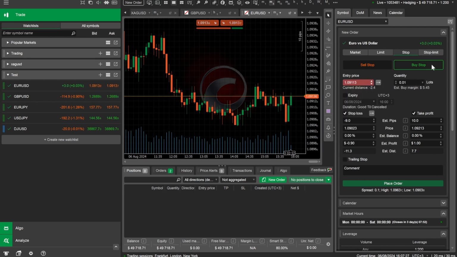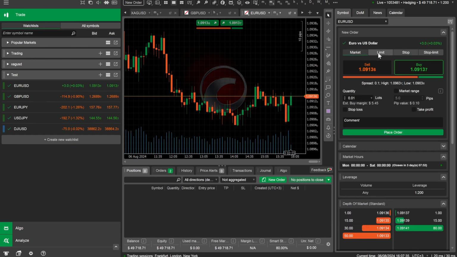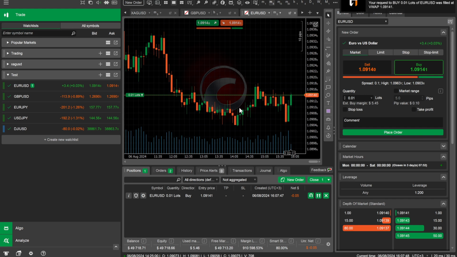So let's open a buy position. Place order. All right, it was on a stop order, so that's why it didn't open. So it's 0.01, I need $5.45 margin. So let's place the trade, and the trade is just open, you see?